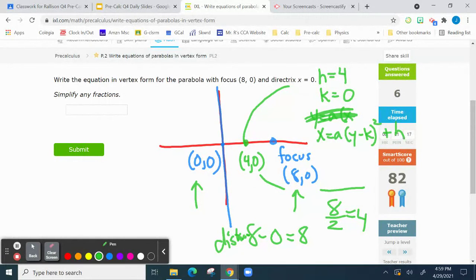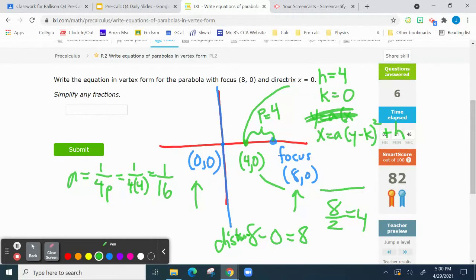We just need to know a, because p is half the distance from the focus to the directrix, right where the vertex is. So p equals 4. And then a equals 1 over 4p equals 1 over 4 times 4 equals 1 over 16. And it's opening to the right, so it's going to be positive.